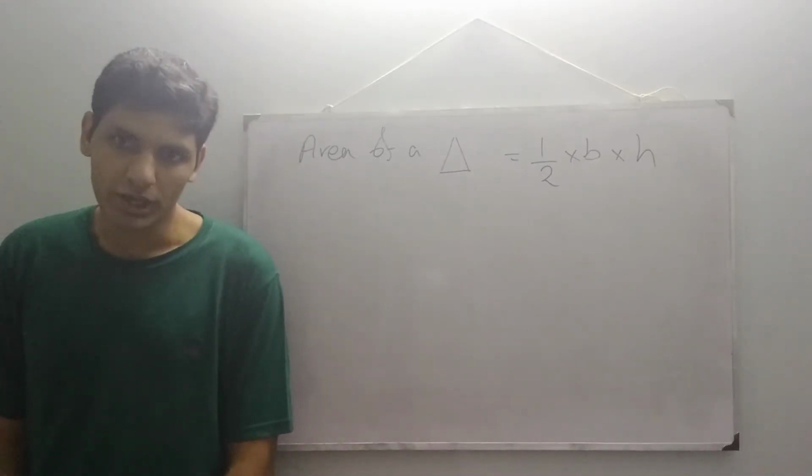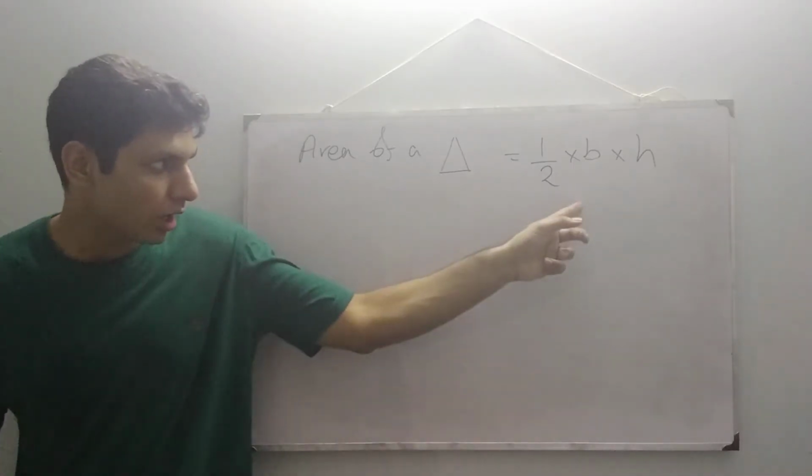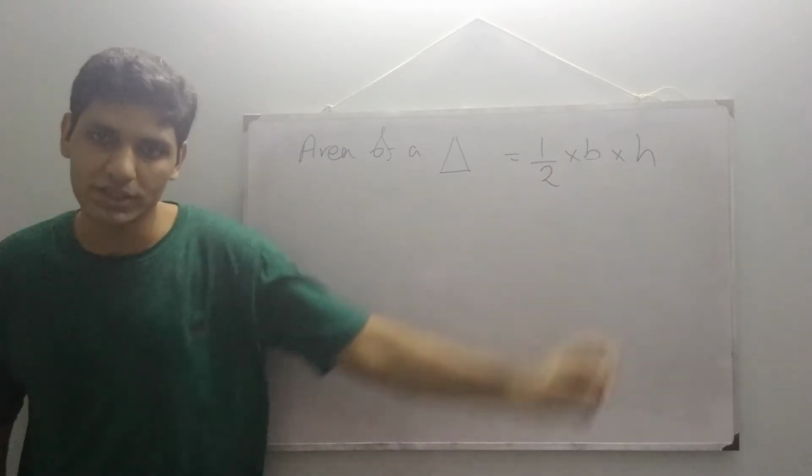So the area of a triangle always comes out to be half times the base times the height.